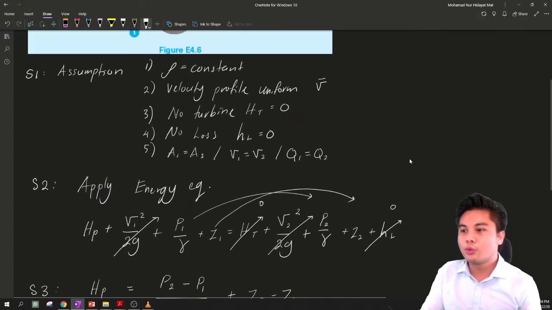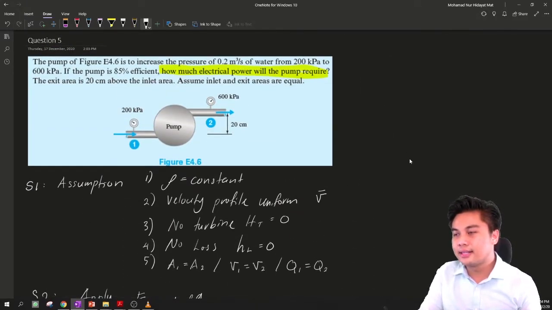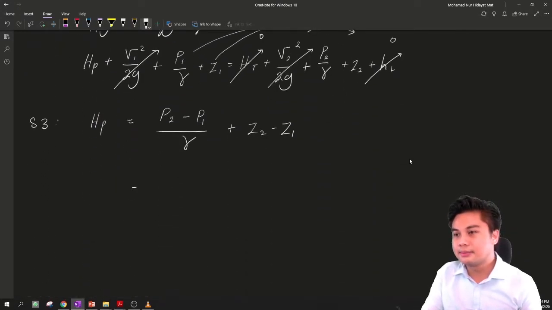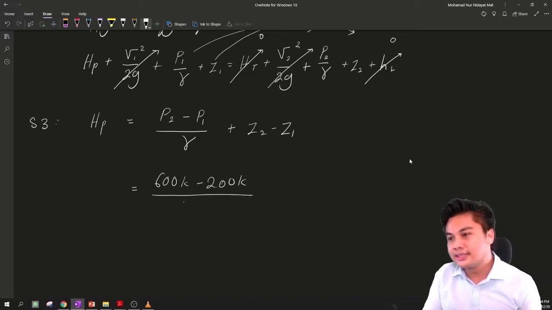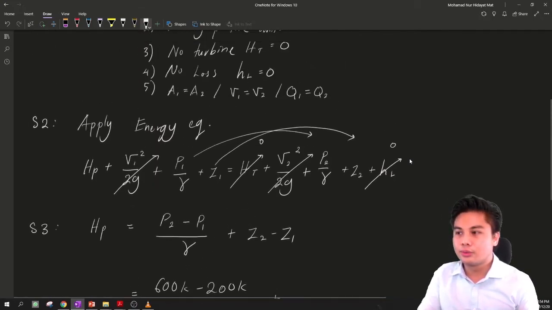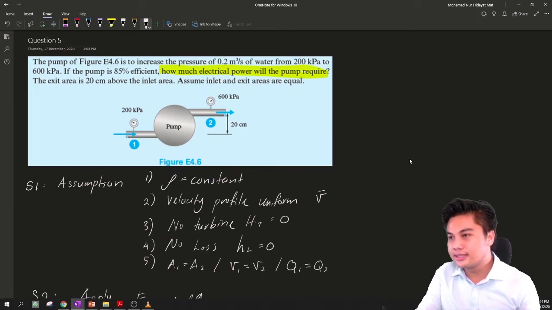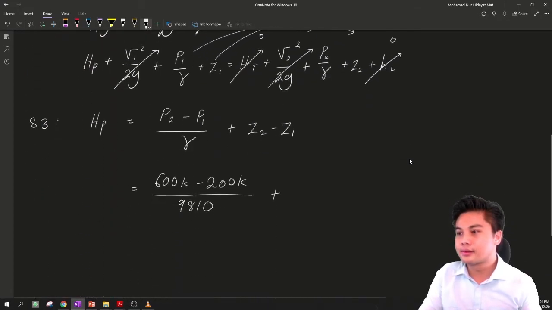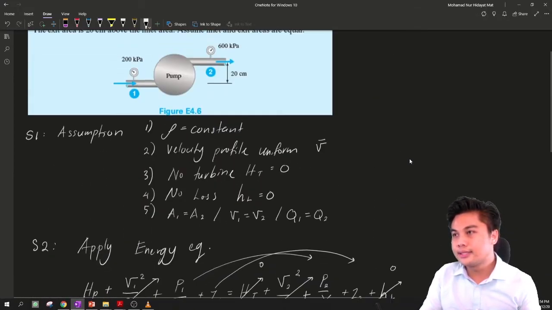So what is the P2? P2 is 600 kilopascal and P1 is 200 kilopascal. Just substitute the values: 600 kilopascal minus 200 kilopascal over gamma of water which is 9810, plus Z2 minus Z1, which is 20 centimeter.